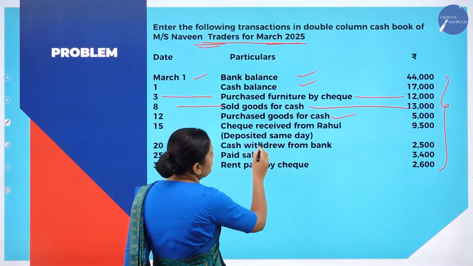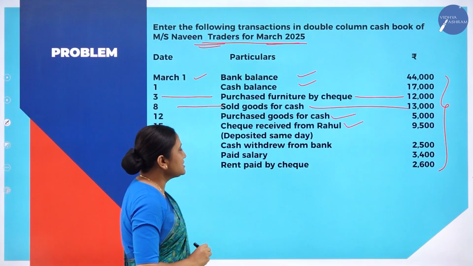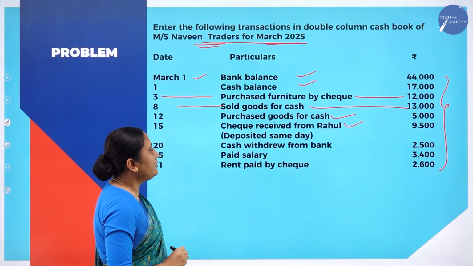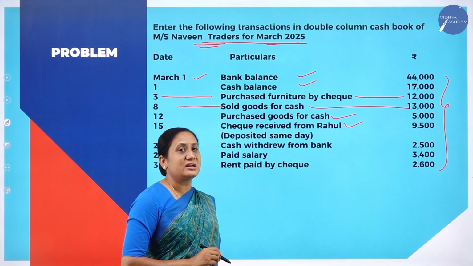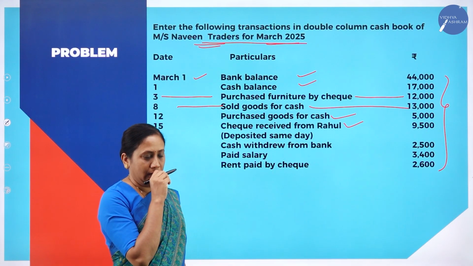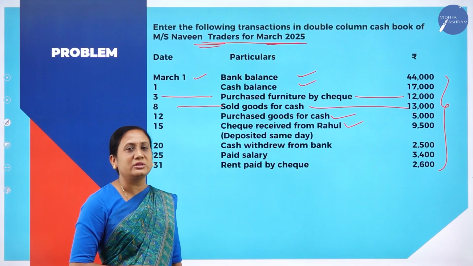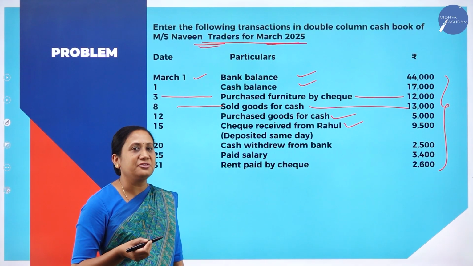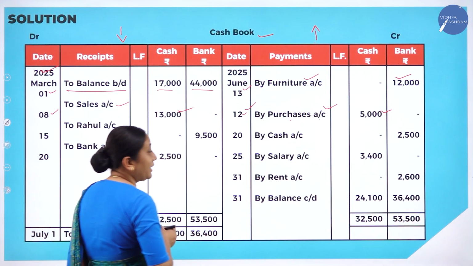Next, check received from Rahul. What is the meaning of this? We are receiving money from Rahul in the form of check. That means we are receiving money from Rahul. Correct. So where should we enter? Money is coming in.